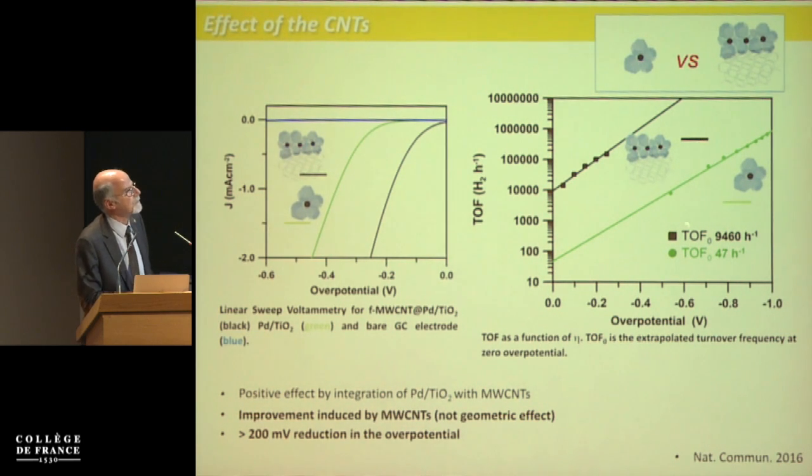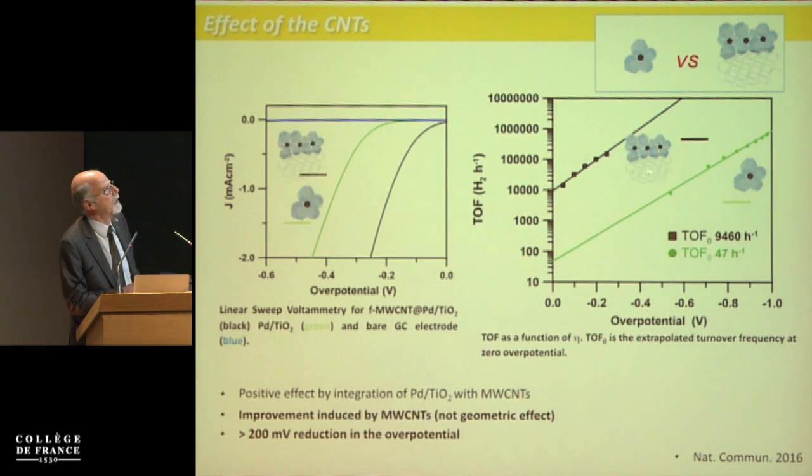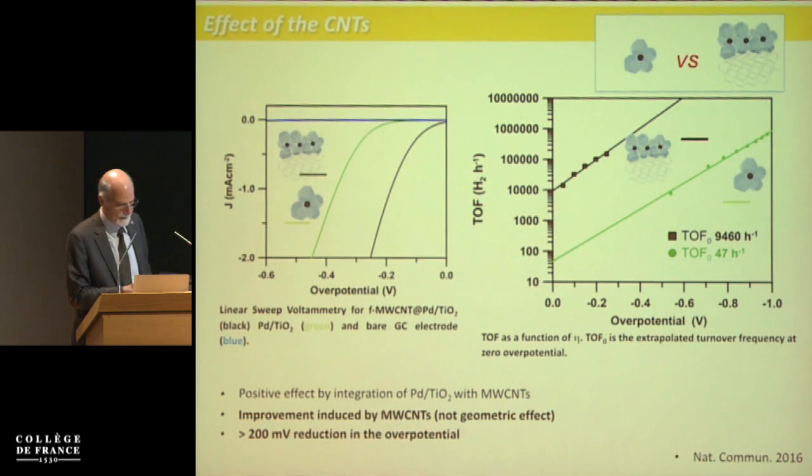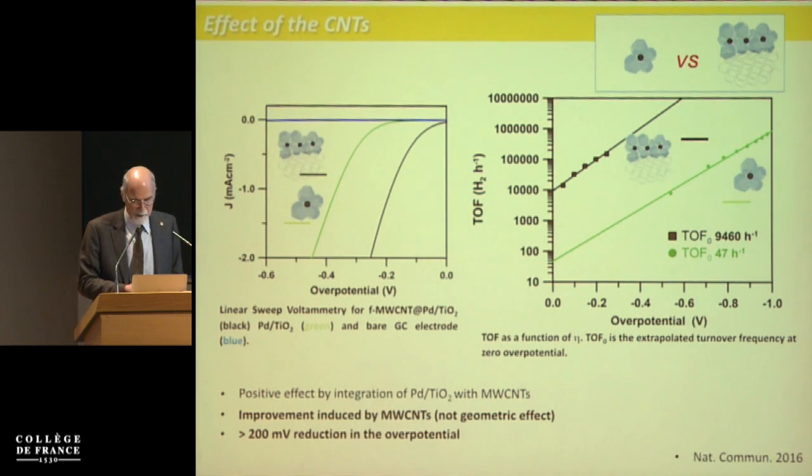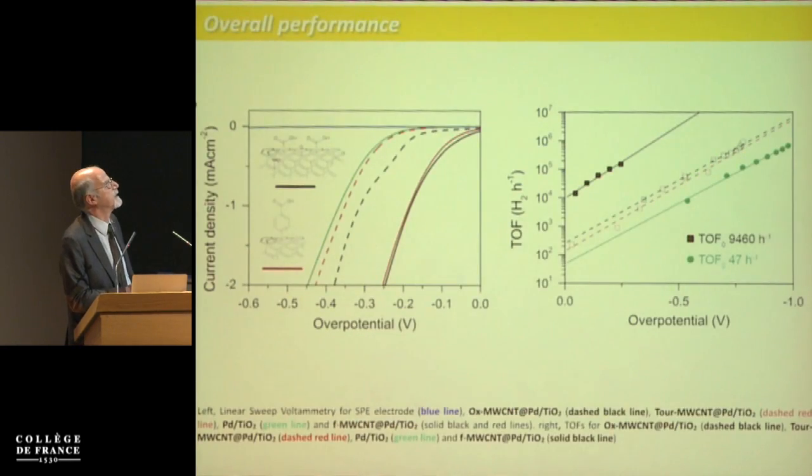And here we can see again that the turnover frequency of this system, which includes the carbon nanotubes, is much, much higher than the simple catalyst without carbon nanotubes. So it is important to note that the presence of carbon nanotubes increases a lot the catalytic activity of these materials.